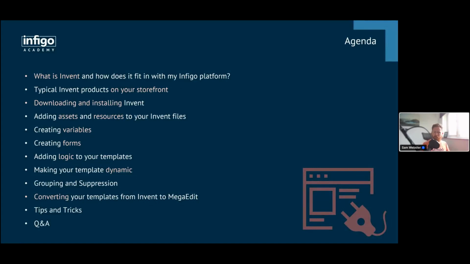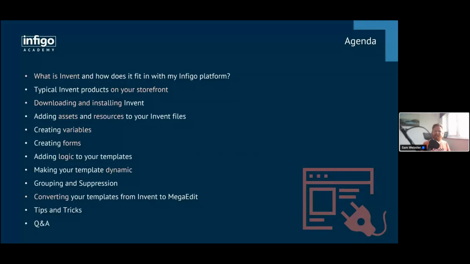So what I actually want to do very quickly is just start off with a little bit of audience participation, just a couple of polls, just to see if we can gauge how many of the people on this call are currently using Mega Edit and Invent. So you'll have to forgive me, I'm quite new to this particular app. So let me just make one of these live to begin with. So hopefully you can see that. Don't worry too much if you can't.